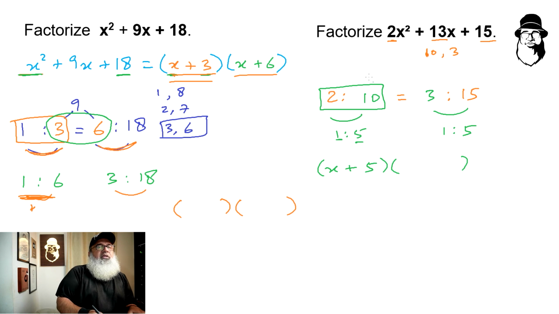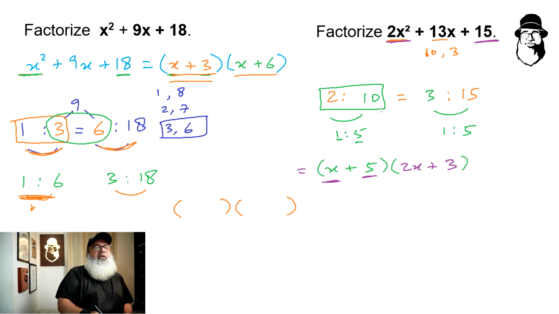And the second one, first term divided by the first term here. So 2x squared divided by x is 2x, and then the last term here, 15 divided by 5 is 3. Now this is our answer.